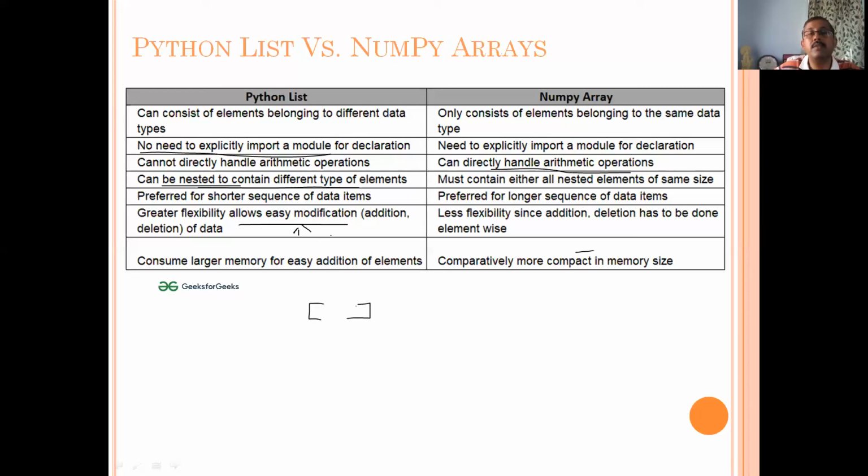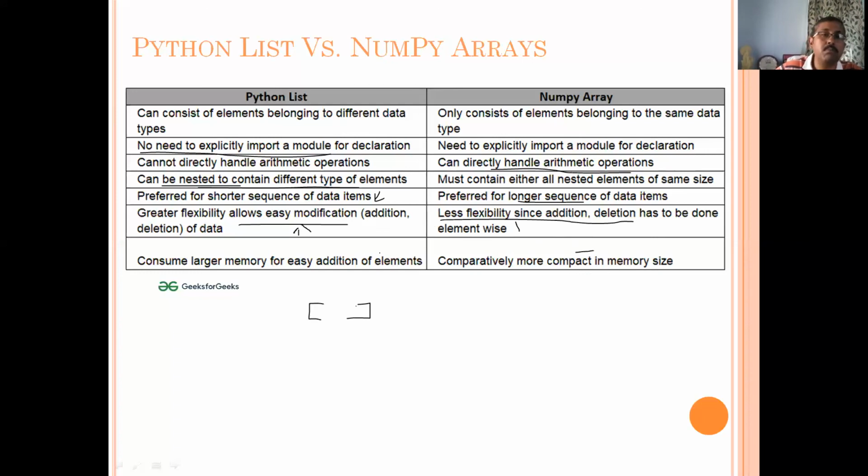That's why only when you have a particular object having shorter length, you will go for a list, because otherwise accessing or updation takes a lot more time. Whereas in case of a longer sequence of data items, you go for an array, because that way it is much more flexible to do an updation, or if you want to access a particular element, that is also easy, right?